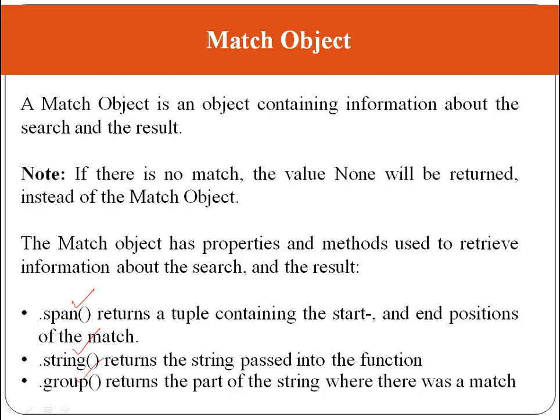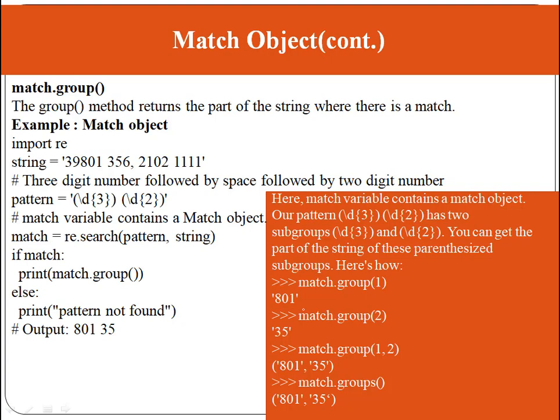Span returns a tuple containing the start and end positions of the match. String returns the string passed into the function, and group returns the part of the string where there is a match.